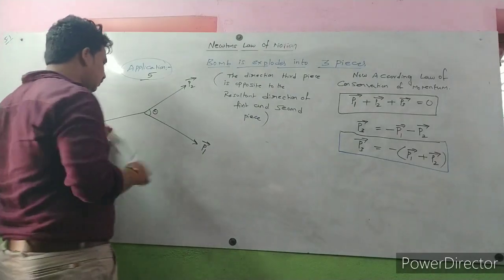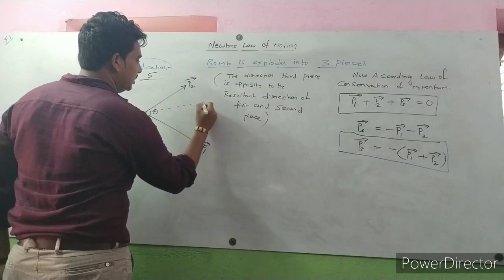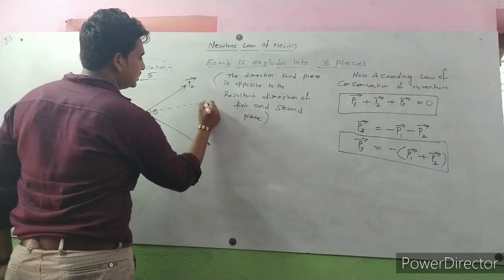What is the resultant direction of the first and second piece? This is the resultant direction of the first and second piece.